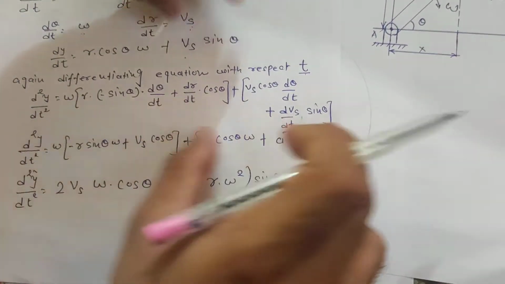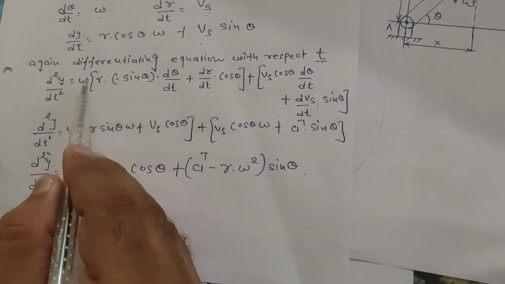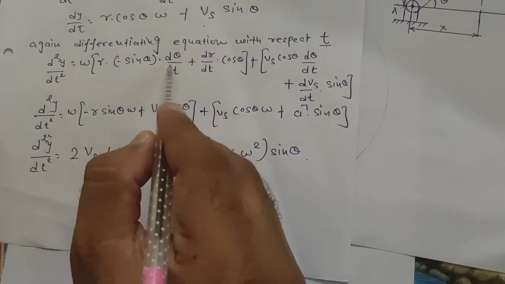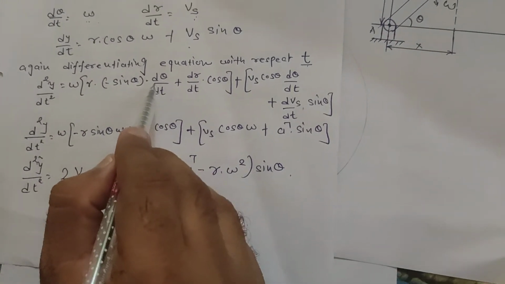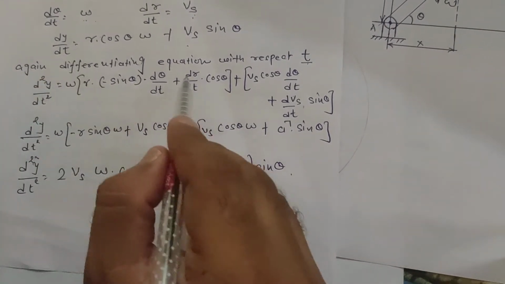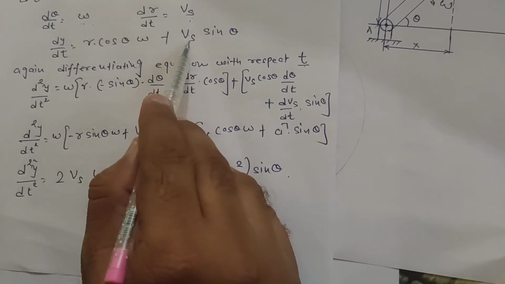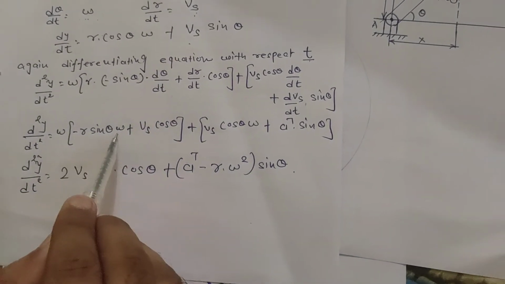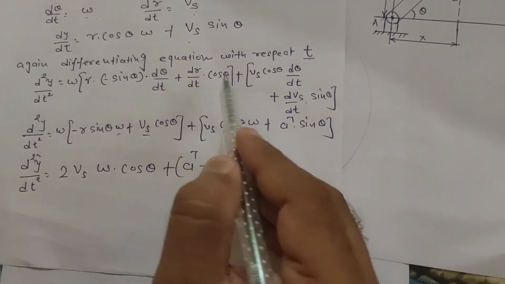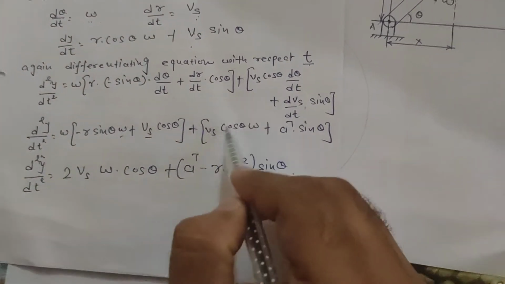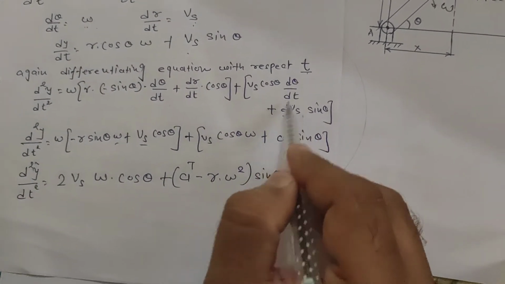In place of d theta by dt we write omega, and in place of dr by dt we write Vs, and also d theta by dt is omega.